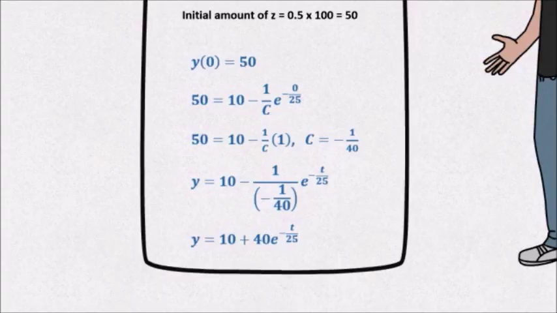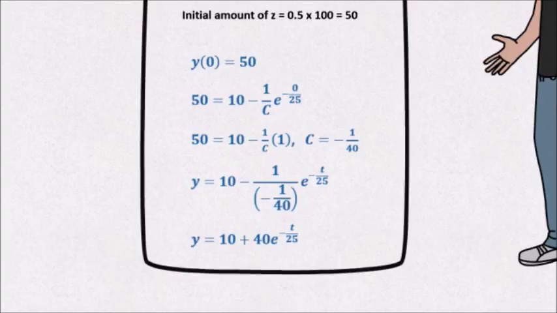For step 5, we will find the value of C. We know that the amount y at time 0 is equal to 50. Therefore, by substitution of the value, we will get 50 equals 10 minus 1 over C exponential negative 0 over 25.